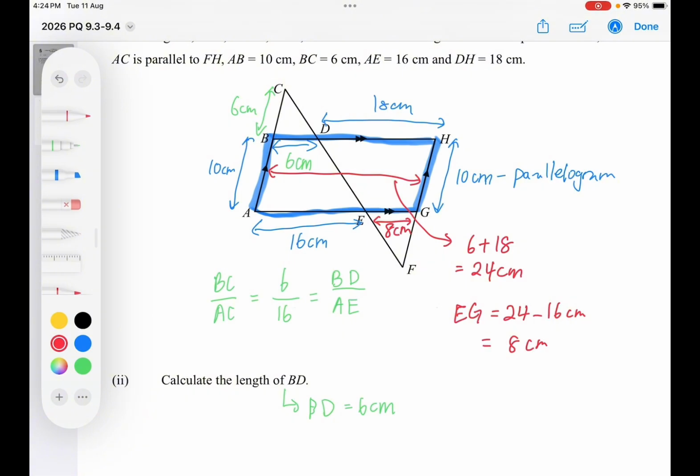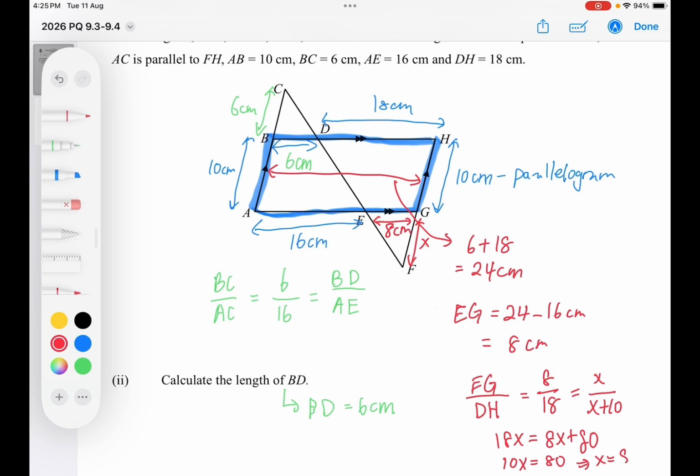Now because EG is similar to DH, we can say that EG is 8 is to 18 compared to x is to x plus 10, because let's say we call the smaller part of FG x. Then 18x equals 8x plus 80. 10x equals 80. Therefore, x equals 8. So x is 8 cm.